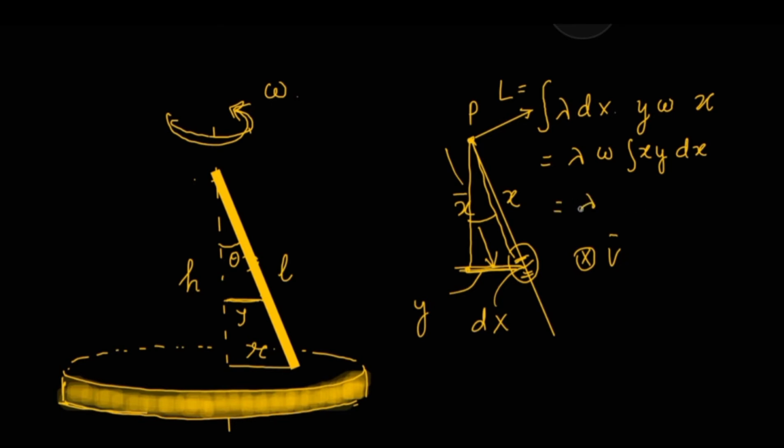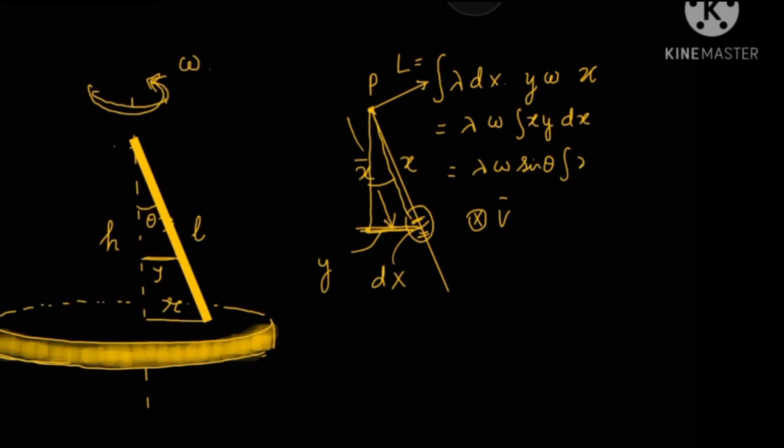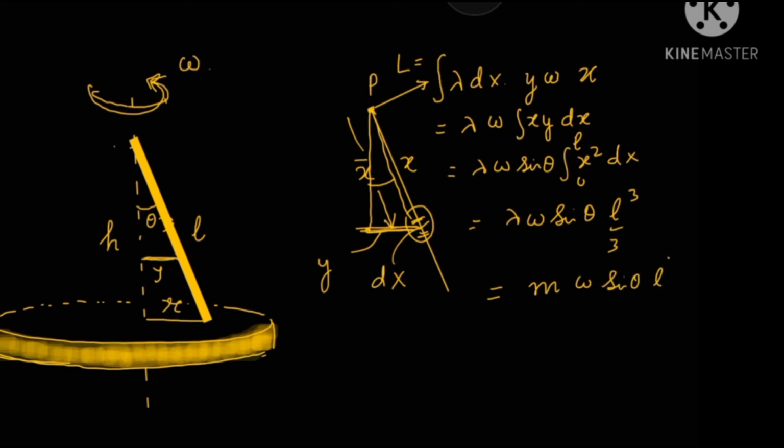And sin theta is a constant that can be taken out of the integral sign. So it will be x square dx, and the limit of x will be from 0 to the total length of the rod. If we solve this, lambda into L will make mass m, so we get omega sin theta L square by 3 times m. This is the result we get for the angular momentum of the rod.